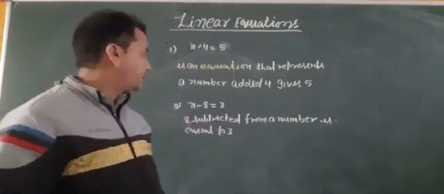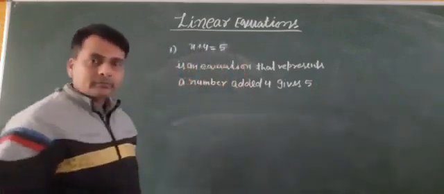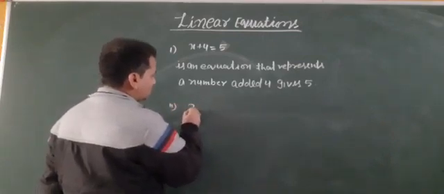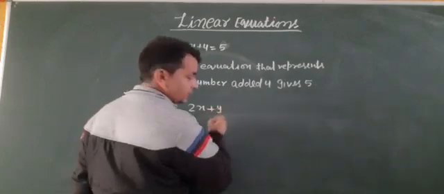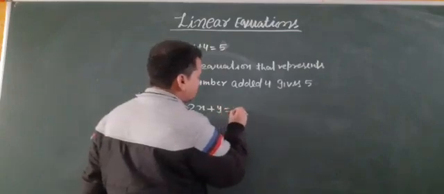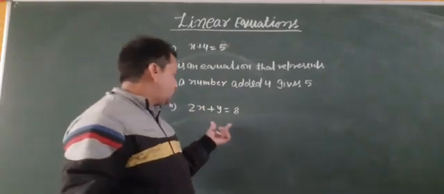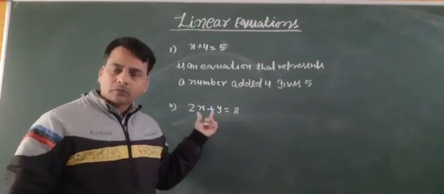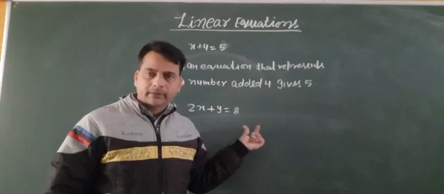So another example here, 2x plus y equal to 8. In this equation, a number is twice added to another number and gives 8.